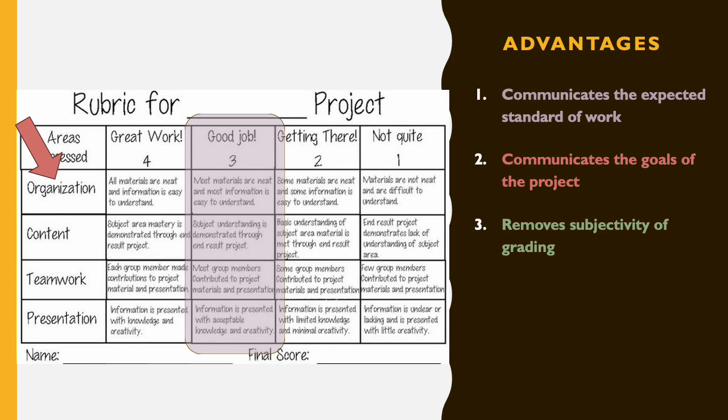So if you can be more objective in your grading, the students and the learners will feel like there's more fairness in what's going on. If you use a rubric, you won't hear your students say, well, why did you only give me a C on that exam? The reasons why whatever score is given is pretty clearly communicated through the rubric itself. Number four, the feedback is instant because the student has the rubric with them.